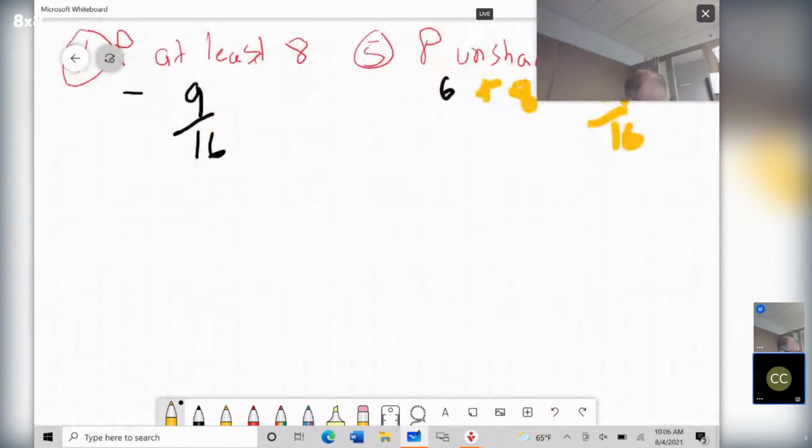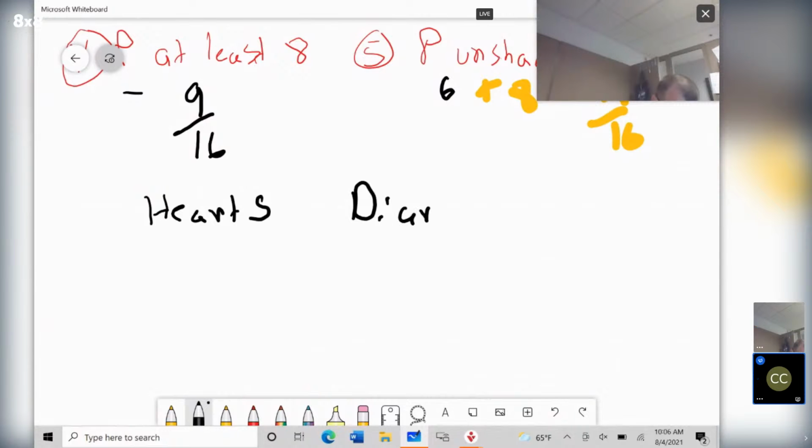Now, on the homework, it's going to ask you about a deck of cards. So just so you know, on the deck of cards, there are hearts, diamonds, clubs, and spades. So there's 4 different suits.